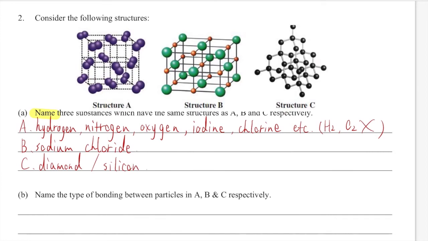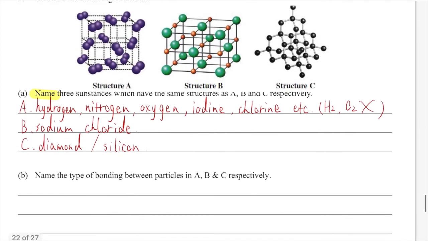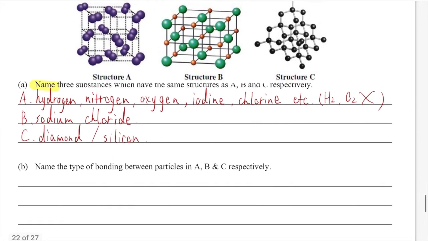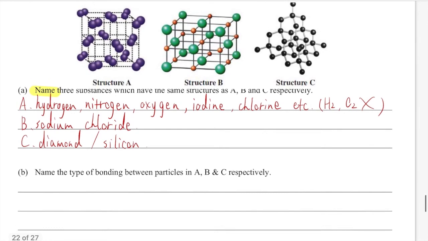And then part B, name the type of bonding between particles in A, B, and C. Again, because you are new to this unit, while you describe the bonding, I would like you to also name the particles involved. So for structure A, we have a simple molecular structure.